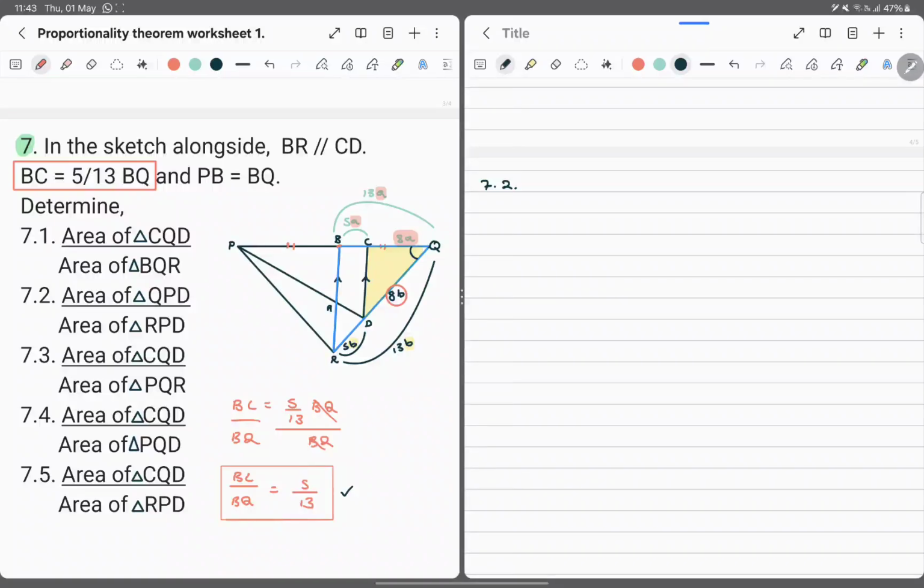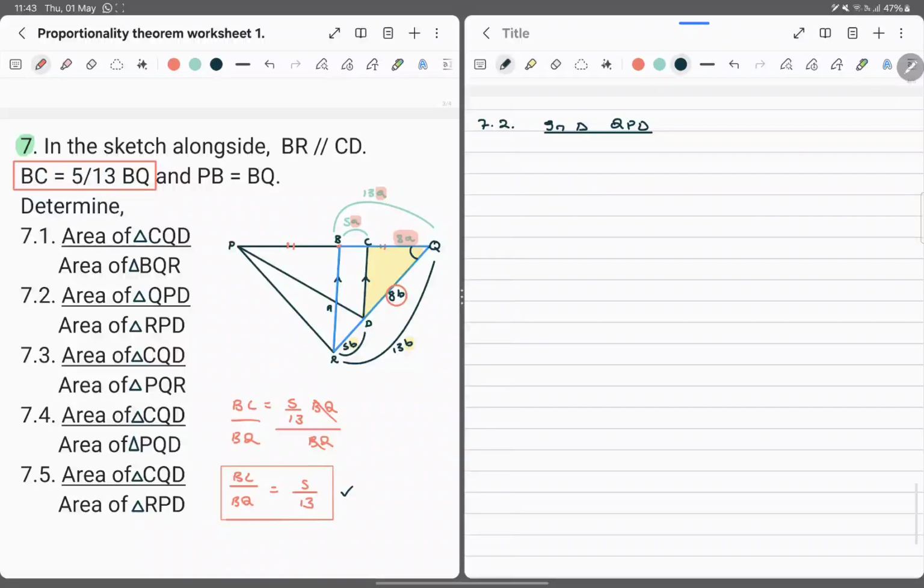So we're going to say, okay, in triangle, let's say QPD, isn't it? Yes. In this triangle QPD, we just want to define this angle D in terms of the other angle.